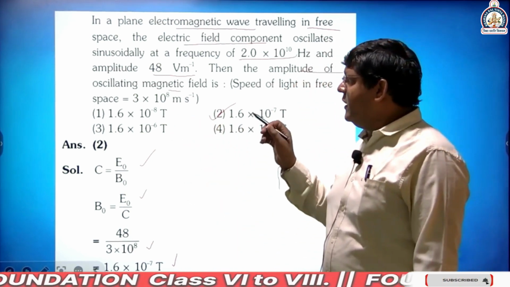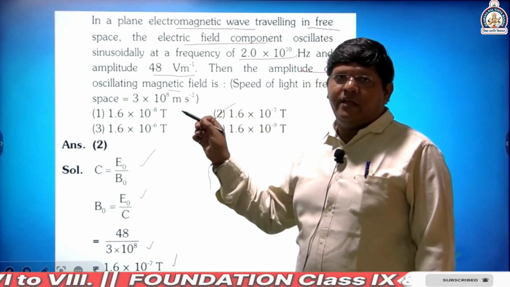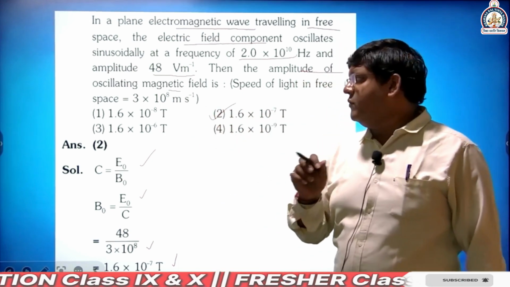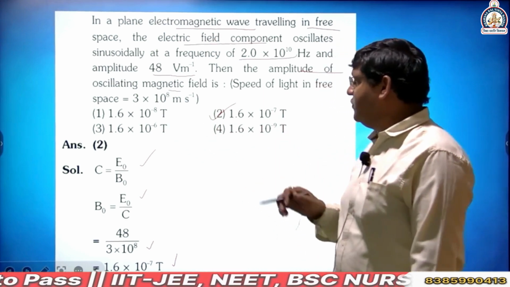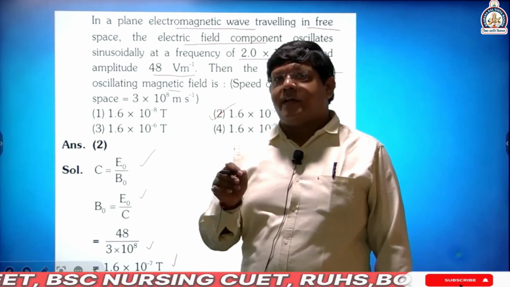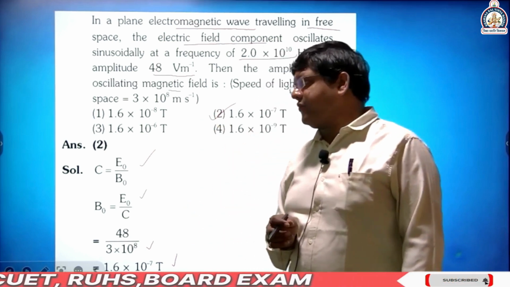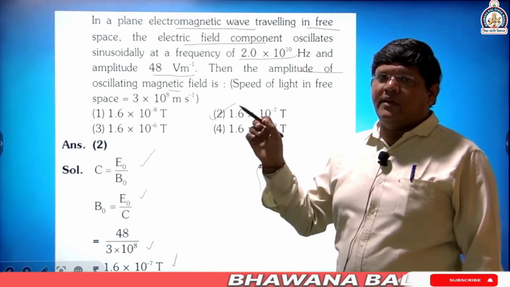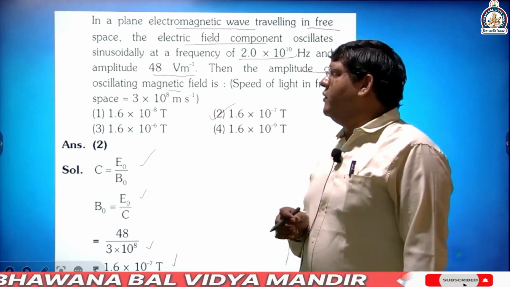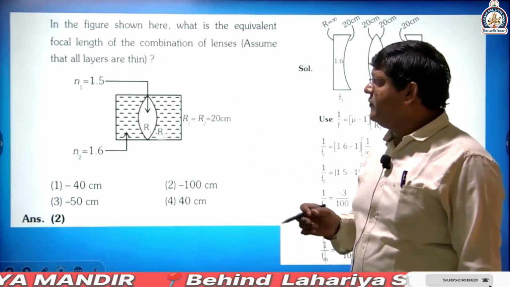So before ticking any option A, B, C, D, just observe the value and then tick, because these values are very close to each other. This is one of the sources of error in any examination. Be careful before selecting any option. Now moving to the next part.